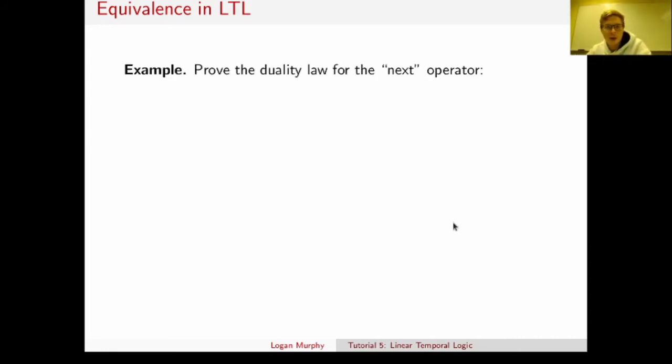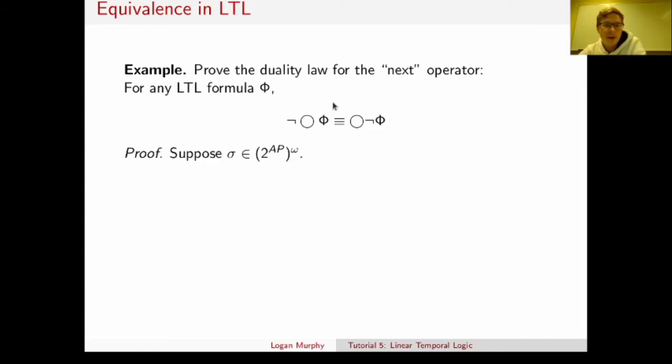We're going to prove the duality law for the next operator. This is in your textbook. For any LTL formula phi, we have not next phi is equivalent to next not phi. Okay, so suppose sigma is some infinite word over 2^AP. Let's assume that sigma satisfies not next phi.